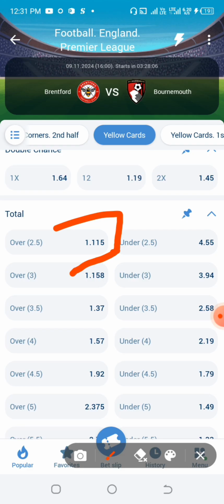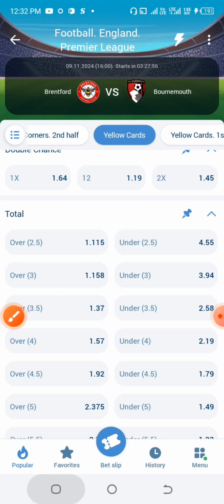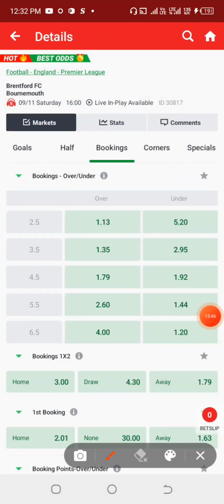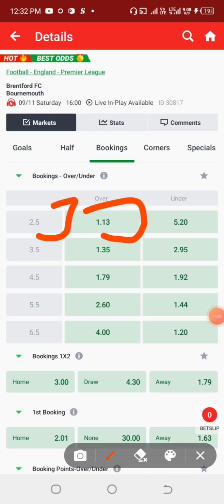But if the game ended up with just 2 yellow cards, remember the game is lost already. But on this particular platform, they are also providing us over 2.5 booking at odd of 1.13.